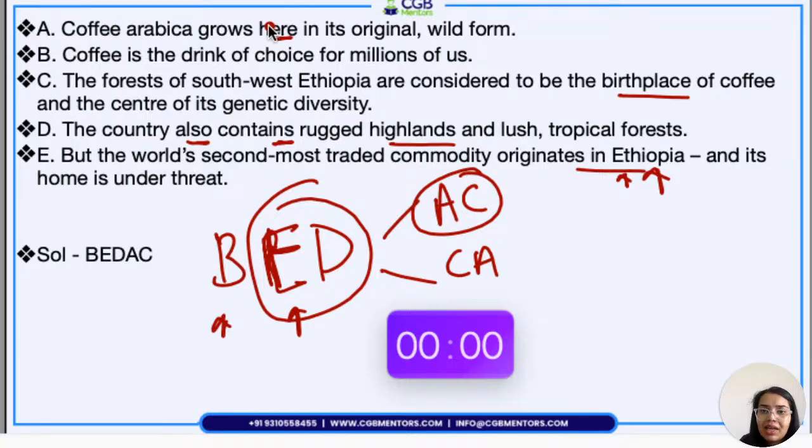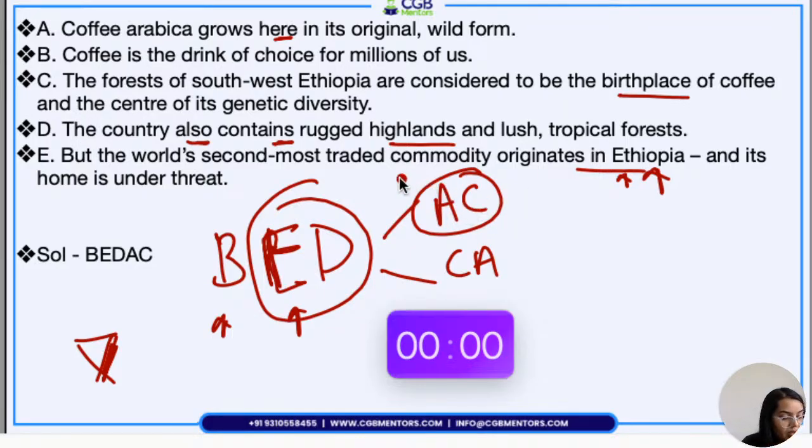Here, Ethiopia is already mentioned in E and D. Okay, the country, and then we are narrowing down further. Southwest Ethiopia. This is narrower than saying that Ethiopia is considered to be the birthplace. I hope you're understanding. It's like something happened in India and then something happened in Northeast India. So this is how it is.